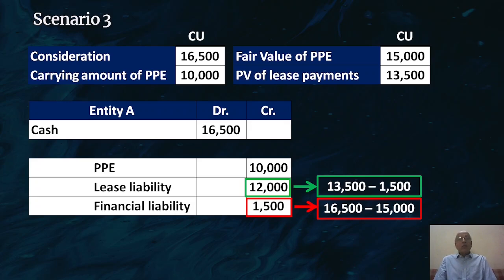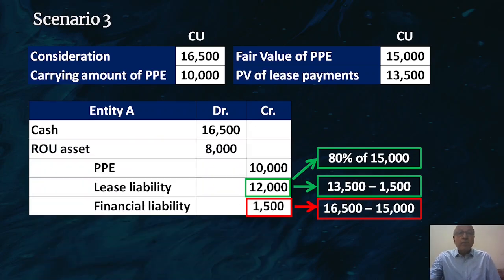Now we need to work out the right of use asset retained. That means we have to find out what percentage the lease liability is of the fair value of PP. How much? This is 80%. Fair value of PP 15,000 rupees, lease liability 12,000. So lease liability is 80% of fair value of PP. That means right of use retained will be 80% of PPE, 8,000 rupees. How do we get it? 80% of 10,000.